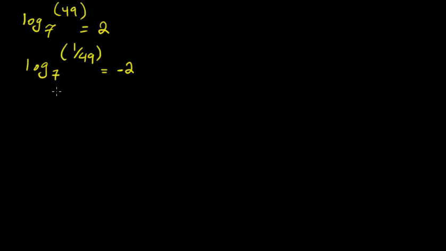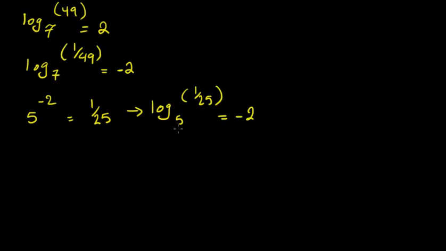So let's say we are asked to calculate the logarithm for 5 to the second power. Then we write it as 1 over 25. The logarithm for that is log base 5 of 1 over 25 equals minus 2.